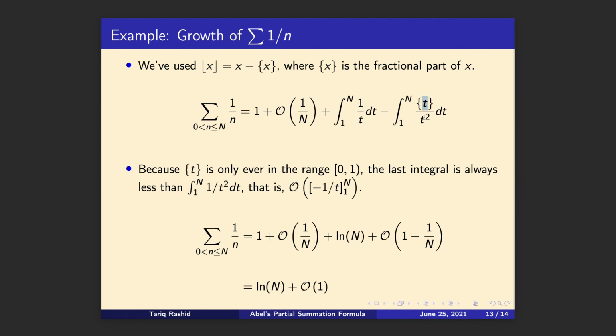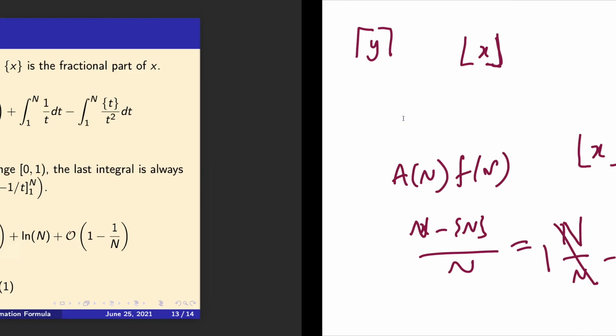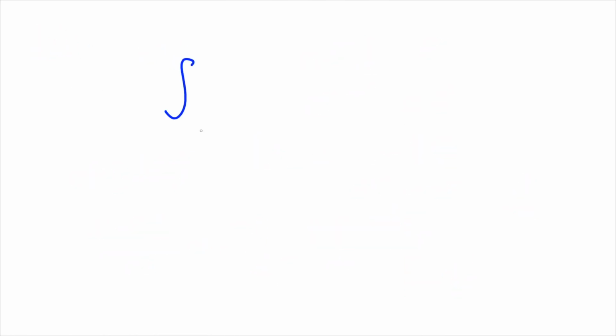And then the fractional part. Again, this is always between 0 and 1, which means this is never more than 1. So the integral, this last one here, is always less than the integral from 1 to n of 1 over t squared. Let's write that out. So we've got 1 to n, and we've got the fractional part of t over t squared dt.